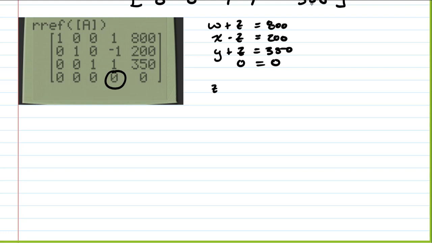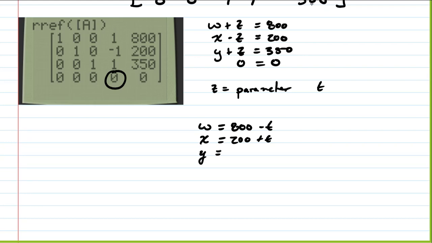So that means Z is going to be our parameter, which we're going to call T. So then we get W is equal to 800 minus T. Our second equation is going to be X is equal to 200 plus T. Our third equation is Y is going to be 350 minus T. And then our last one is our parameter Z equals T.